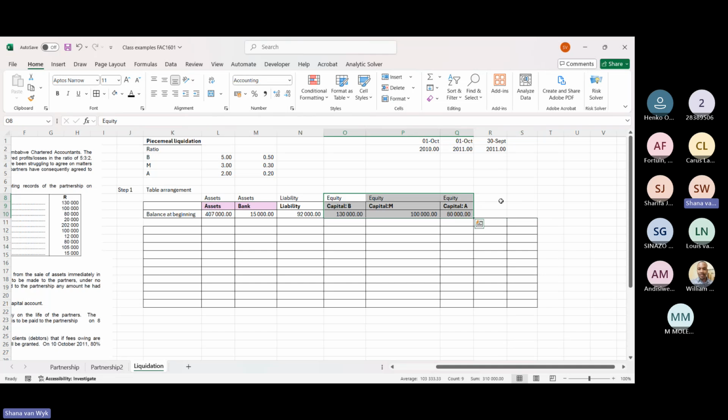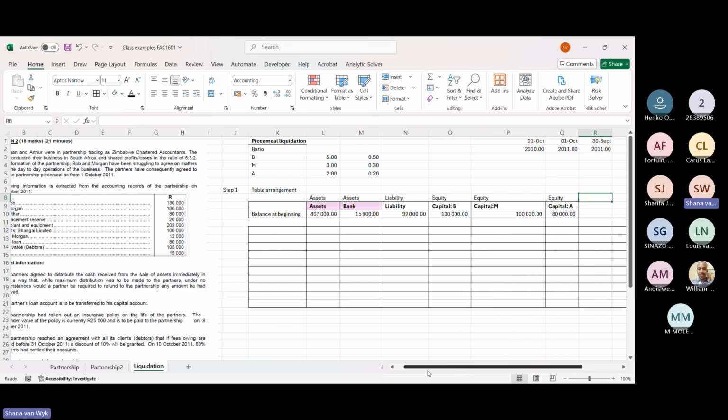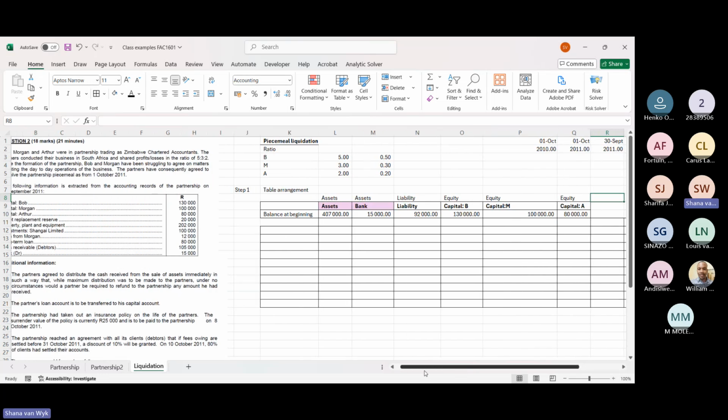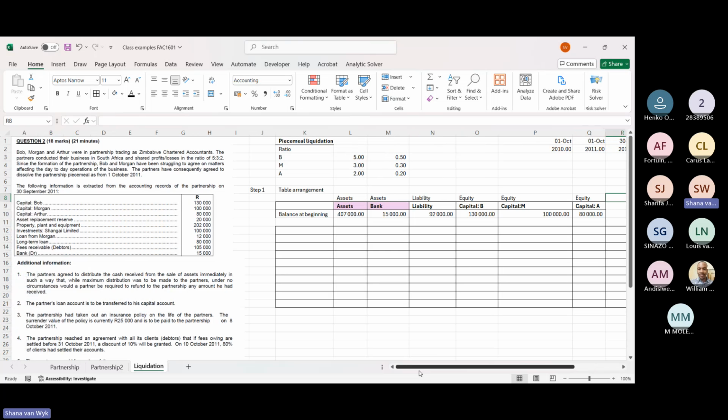Like this. Okay. So asset reserve, we can close that off to capital and then we close off assets as well. Or what do you guys understand from this question? Distribute the cash received from the sale of assets.